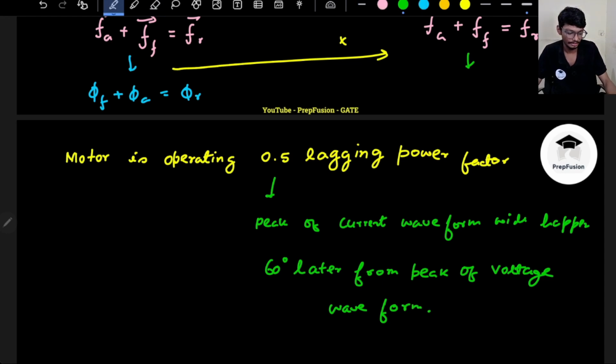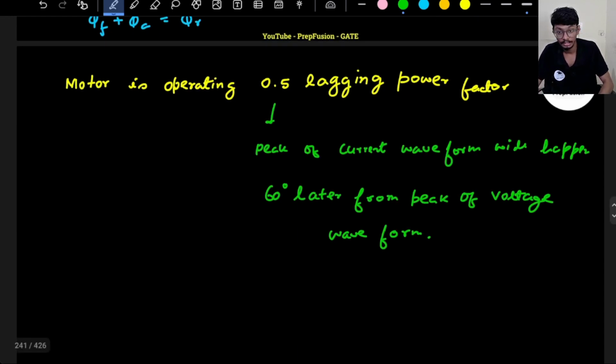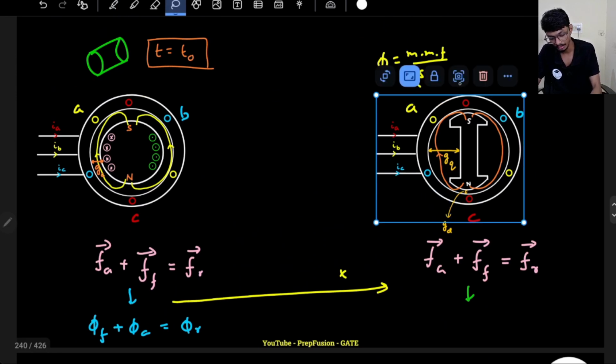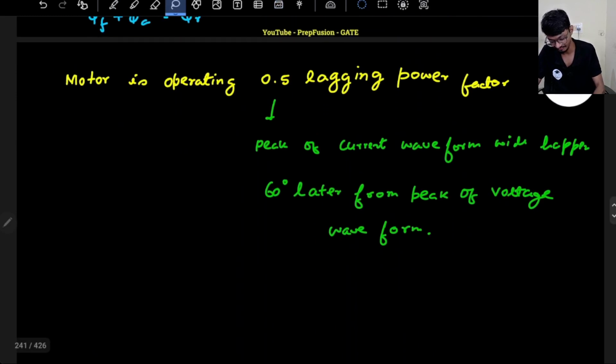How can I explain this in terms of the mmf diagram, right? So what is defined by voltage? Voltage will be decided by the main field mmf, that is Ff, right?